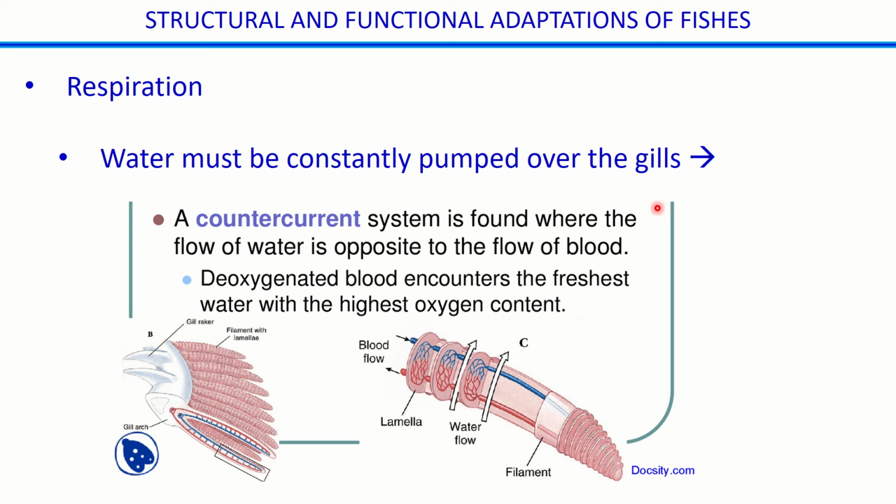A countercurrent system is found where the flow of the water is opposite to the flow of the blood. You can see the water flows in this direction across the gill filaments, and the blood flows in the opposite direction, across the membranes of the gills, the lamellae. This gives a chance for the chemical reaction to occur between the cells of the gills and the blood.